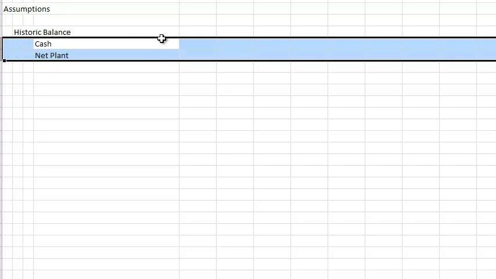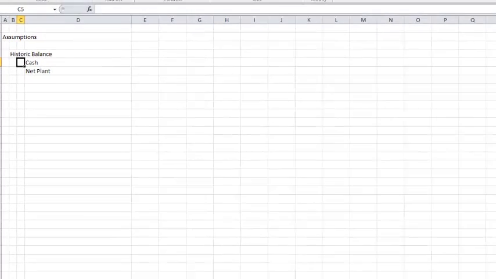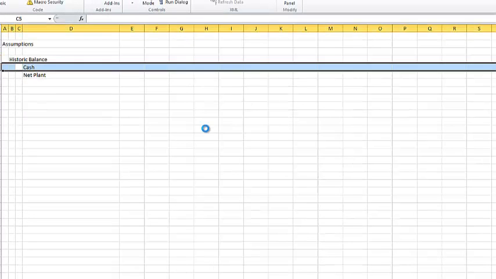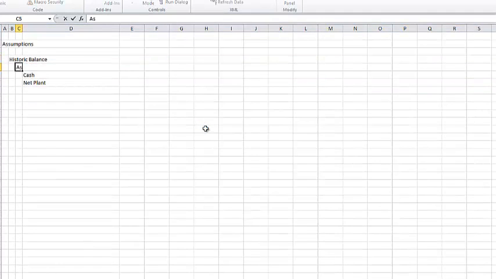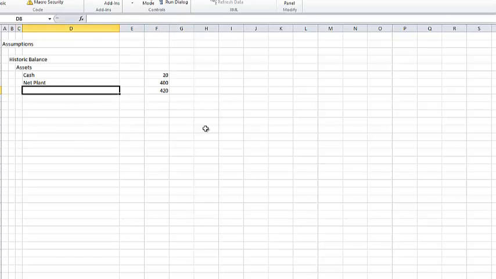Whoops, I switched it to French again. Let's put assets: 20 of cash, 400 of plant, Alt equal to get the total assets. This is really bare bones.